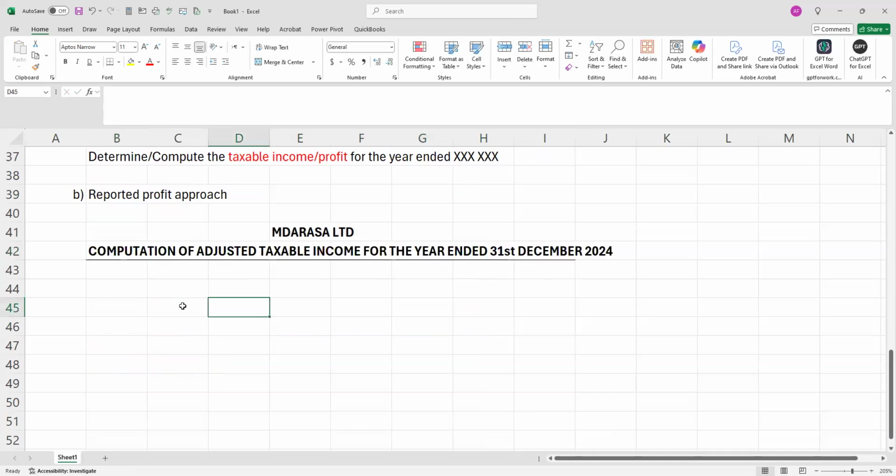First, note something that is changing there: MD Rasa Limited computation of adjusted taxable income.